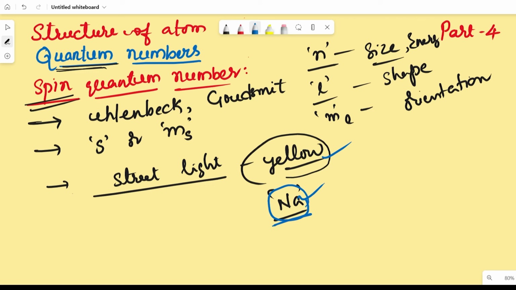So while observing this yellow light in a high resolution spectroscope, this yellow light again has a doublet. Not only this metal, but many alkali metals and alkaline earth metals also.